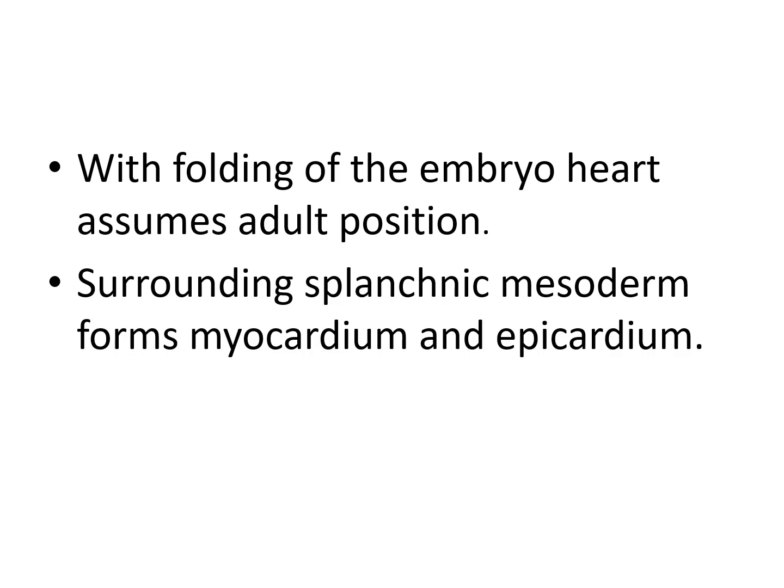The splanchnic mesoderm, which forms the primitive heart tube, will form the endocardium, the inner layer of the heart. But the heart is formed of 3 layers, myocardium and epicardium, in addition to the endocardium. So the other outer layers will also form from the surrounding splanchnic mesoderm.